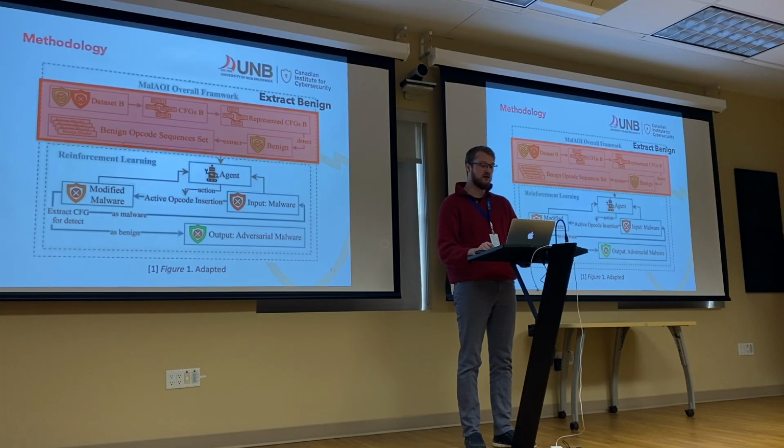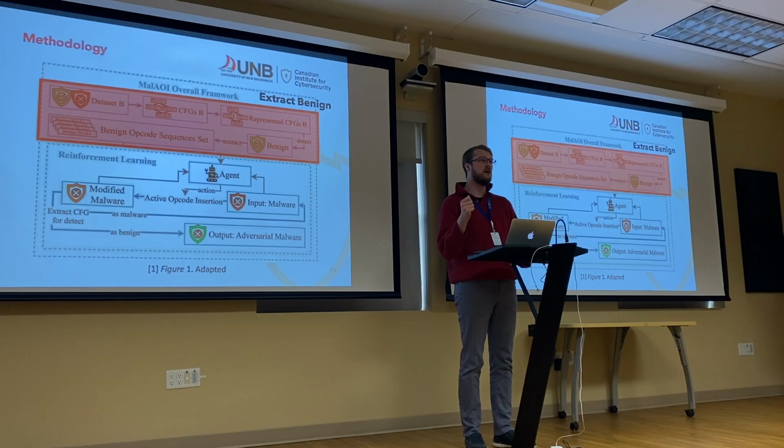We can then go through and start to extract pieces of binary or benign binary sequences, and we can use them as input to an agent, a reinforcement learning-based agent. Here, given some piece of malware, which is the environment that this agent is going to act on, it is going to figure out where to insert pieces of benign code.